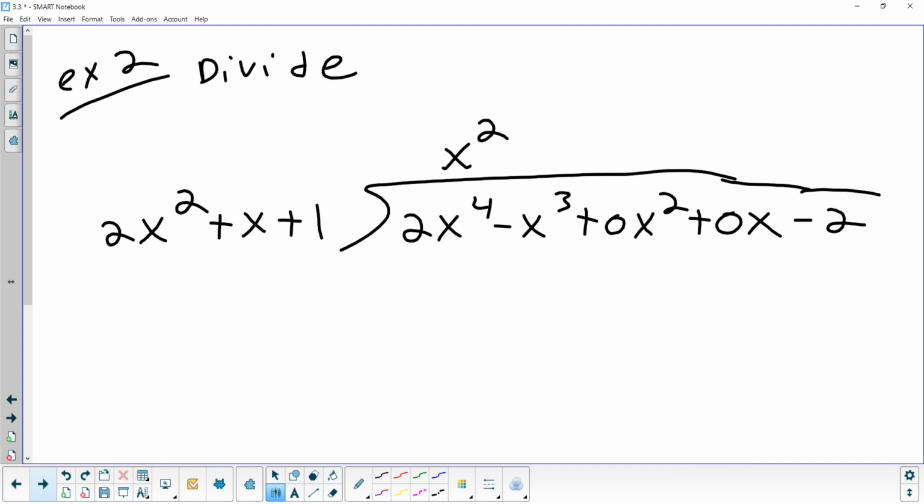Magdalena, what do I get when I multiply x squared times all 3 of the terms in the divisor? Okay, 2x to the 4th plus x cubed plus x squared. Good.